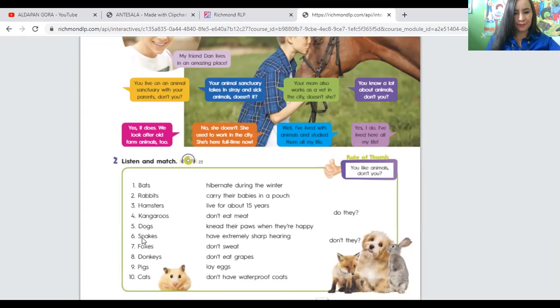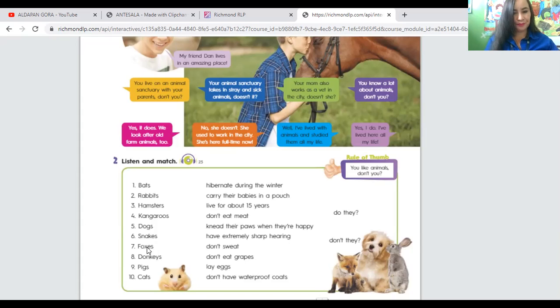Snakes lay eggs, don't they? Snakes lay eggs. What is the tag question? Don't they? Very good. What about foxes? Foxes don't eat grapes, do they?